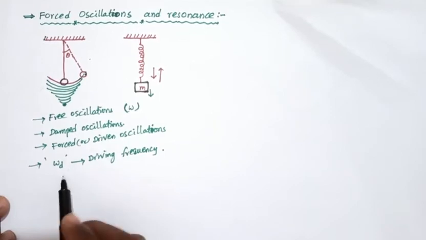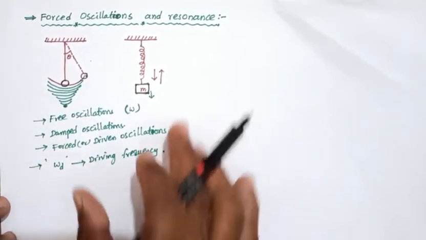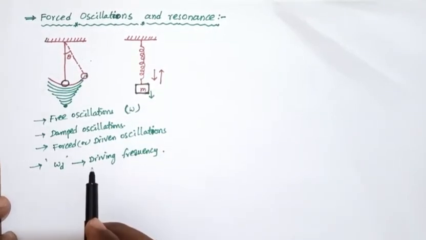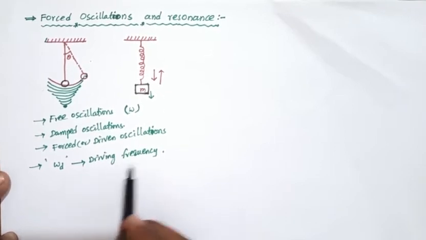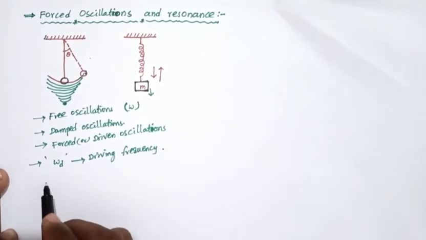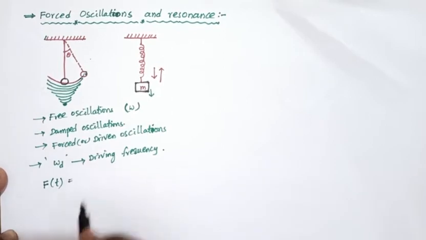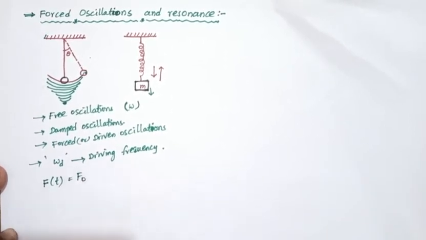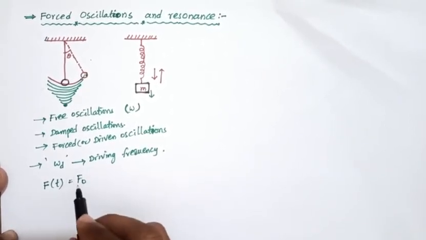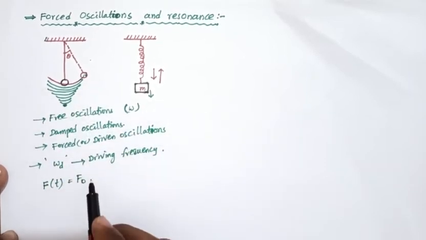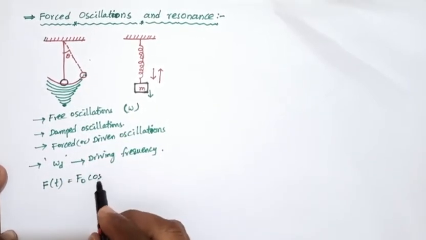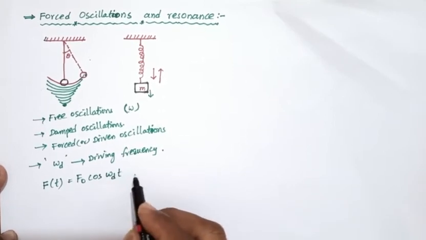So we consider the external force, the external agency on the system, which varies periodically with time, applied to a damped oscillator. Then we take the external force F of t, where F naught is the amplitude of the forced oscillator, equals F naught cos omega d t.